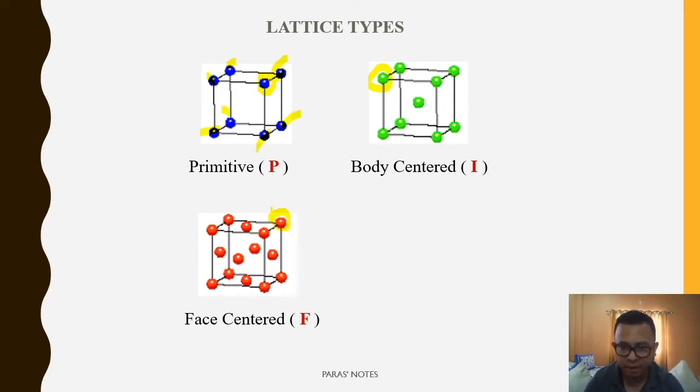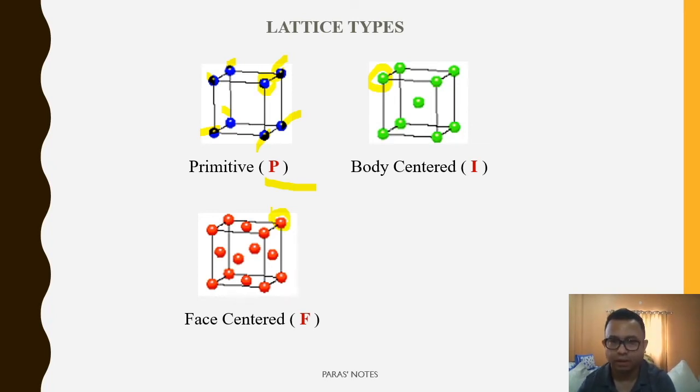Now if the particles, that is ions, molecules and atoms, are present only at these 8 corners of a cube, then such a unit cell is called a primitive unit cell. As you can see, the bracket is represented by P. P means primitive. Again I am repeating, the first kind of unit cell is primitive. In a primitive unit cell, we have the 8 constituent particles occupying the 8 corners of a cube. Then we say that the unit cell is primitive.